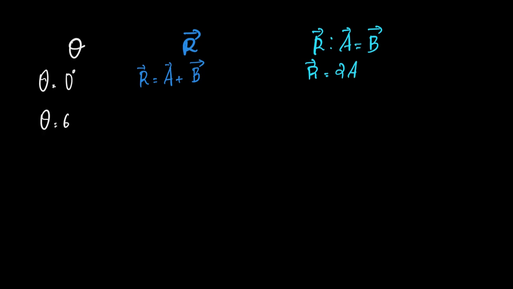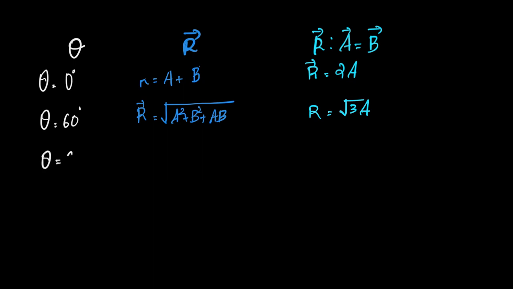Similarly, when theta is equal to 60 degrees, what is r equal to? Well, I'm actually sorry, it's not vector r, it should be magnitude of r. So r is equal to root of a square plus b square plus ab, and here r would be equal to root 3 times a.